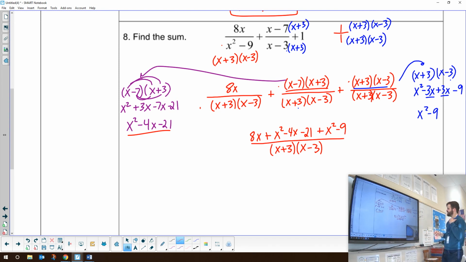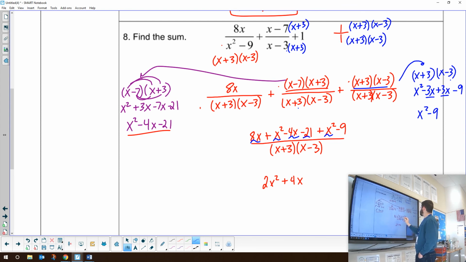All right, now let's combine like terms. X squared and x squared are going to combine to be 2x squared. 8x and negative 4x are going to combine to make 4x. Negative 21 and negative 9 are going to combine to be negative 30.